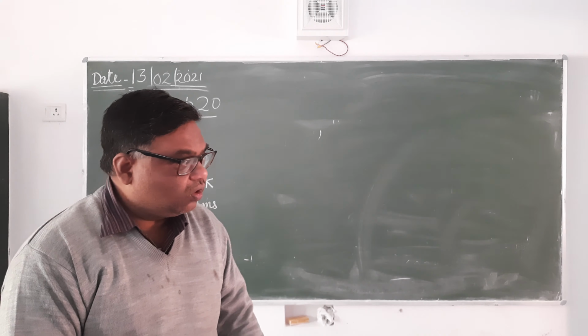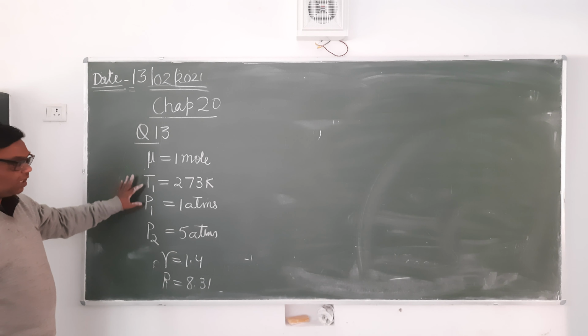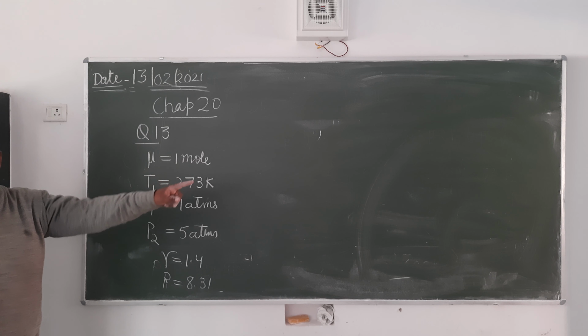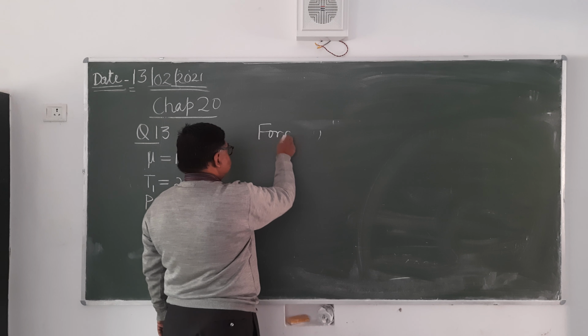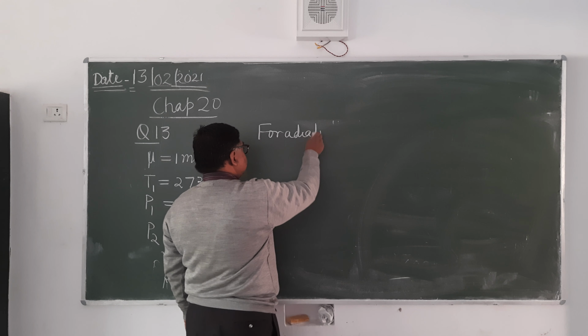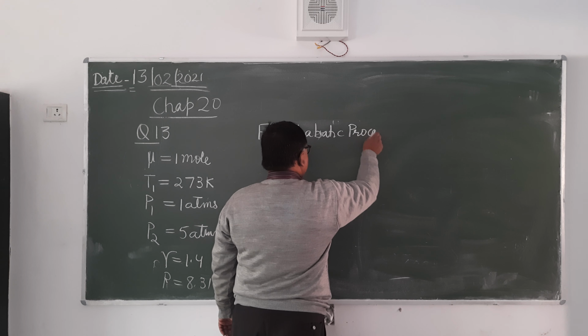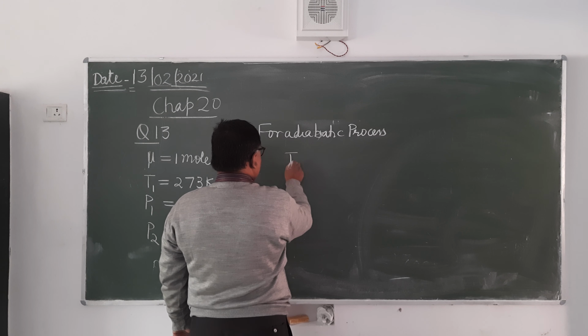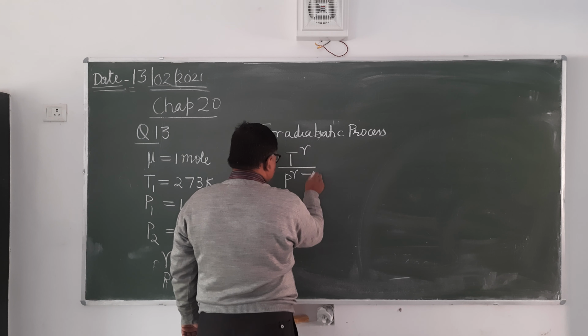So see here, how will you find the new temperature? Two variables are given, T and P, so you will use the same equation, T to the power gamma upon P to the power gamma minus 1, for the adiabatic process. This is the relation. So you substitute. I have done this type of question already. So it is 273 to the power gamma, upon P to the power gamma minus 1.